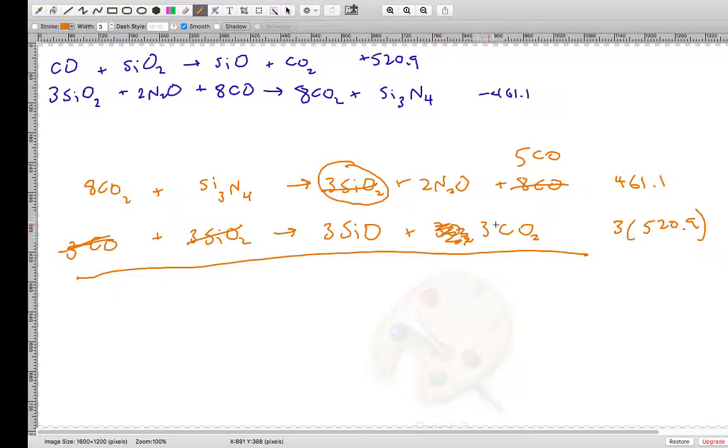Now that's CO2. This is 3 CO2. They're going to cancel with 3 of these 8 CO2s. So 8 minus 3 is 5. So I have 5 CO2s left and no CO2s here. It's like subtracting 3 CO2s on both sides of the equations. Gone here, and 8 minus 3 is 5 here. Now I can add them up.